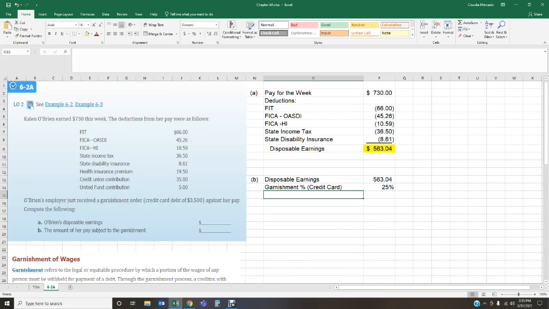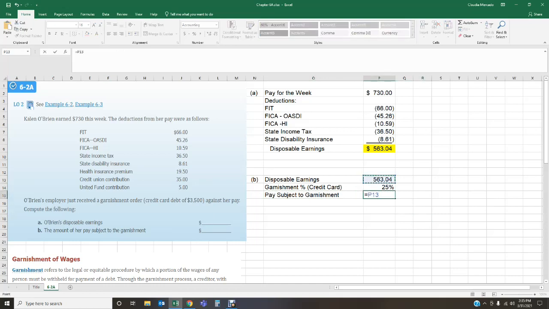So the pay subject to garnishment, I'm going to underline that. I'm going to get the 563.04 times my 25%, and that gives me 140.76. So the amount of her pay subject to the garnishment is $140.76.